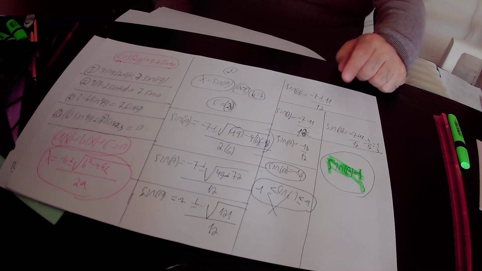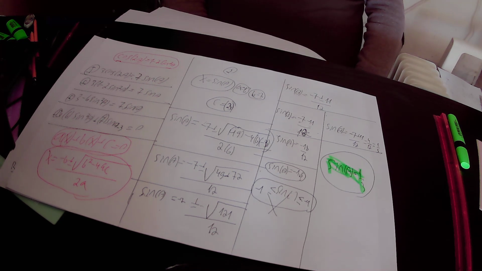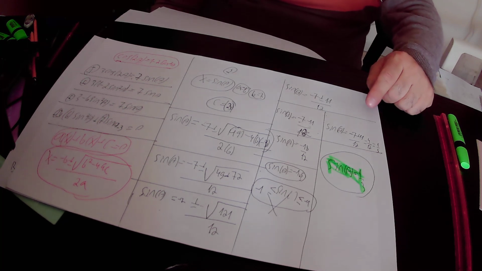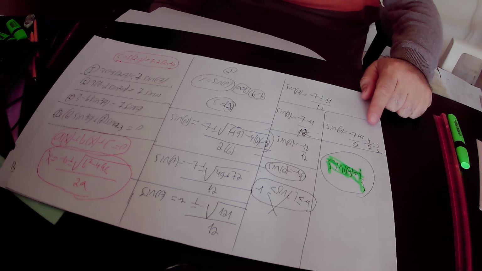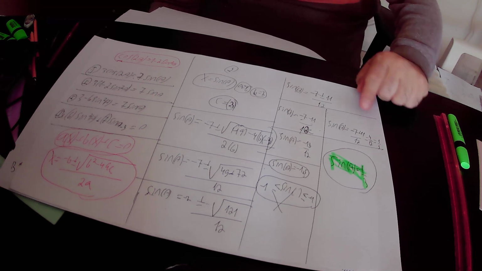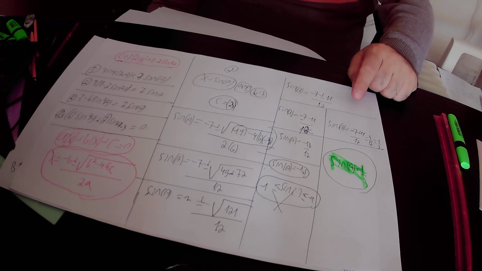So we have two possible solutions for sine theta. The first solution is sine theta equals minus 7 minus 11 over 12, and the second solution is sine theta equals minus 7 plus 11 over 12. So we focus on the first solution. The first solution is minus 7 minus 11 over 12.